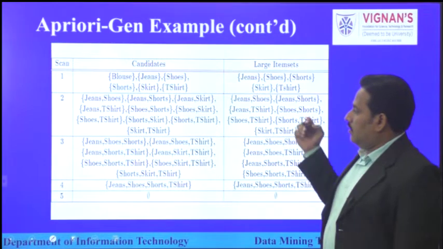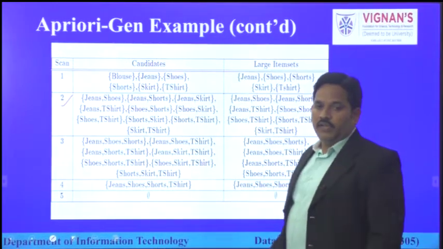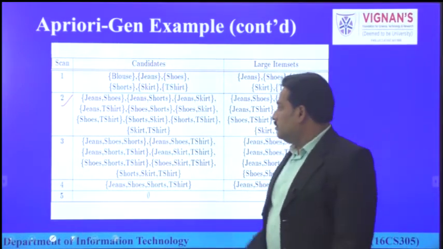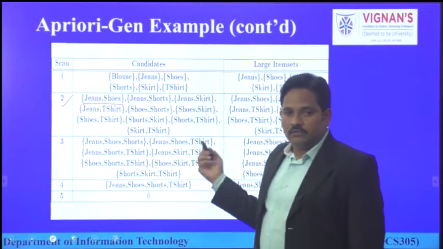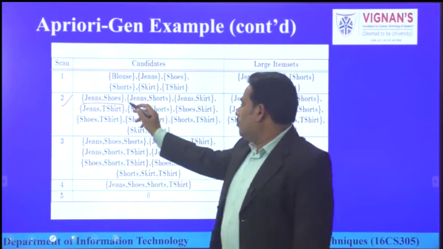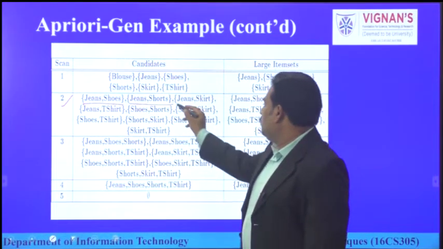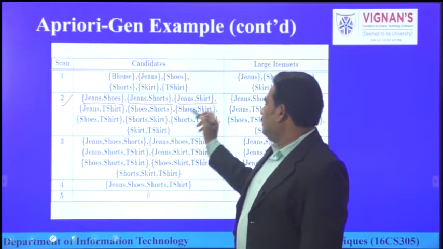After performing the second read or scan operation, we came to know the following 2 item sets. Jeans and shoes is a 2 item set that appeared in the data set. This is another 2 item set purchased by a customer. Like this, we see nearly 10 2 item sets.